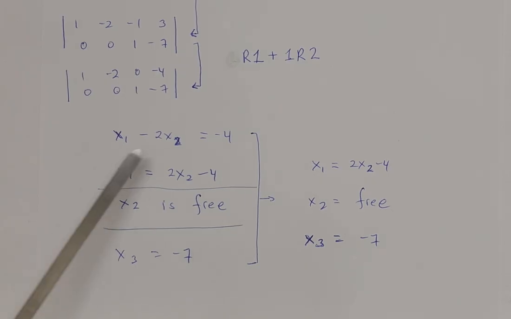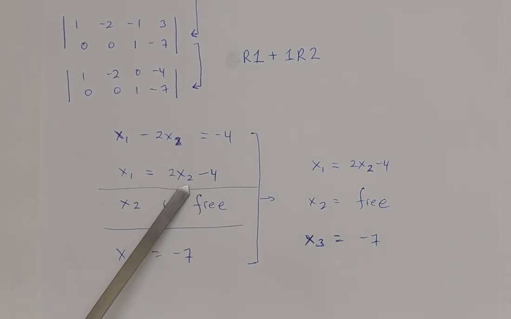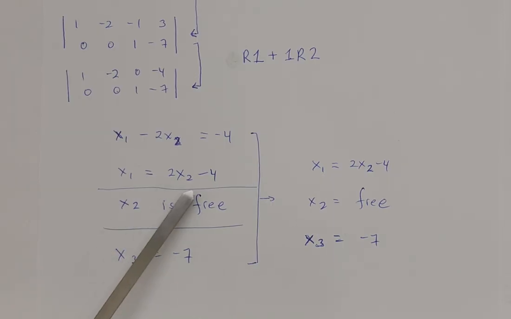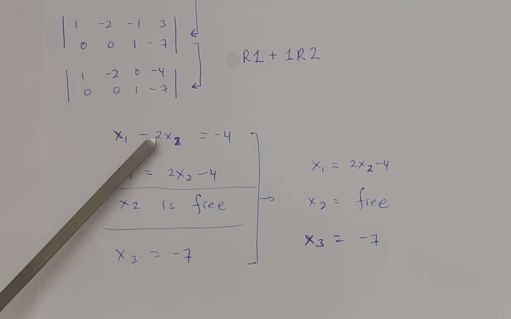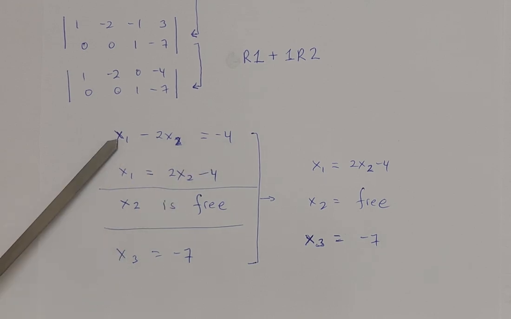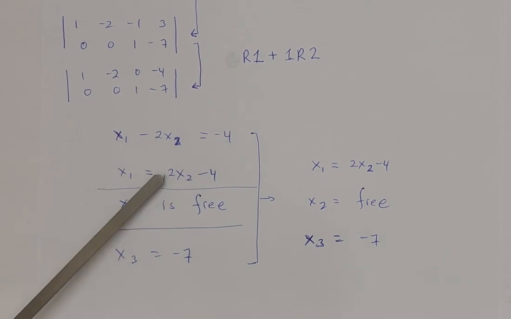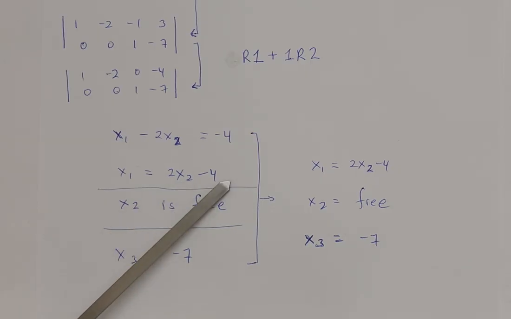Solve for x1, bring the negative 2x2 over, and it becomes positive 2x2 minus 4.